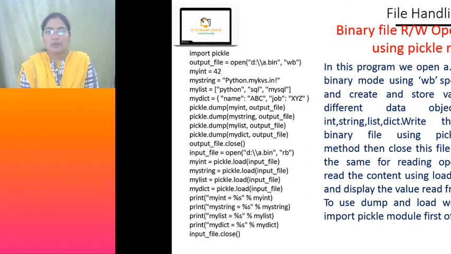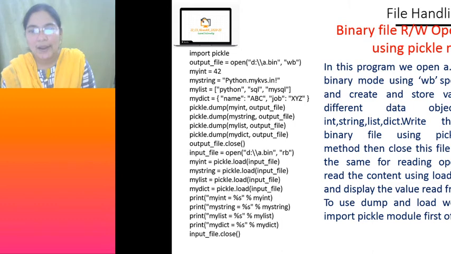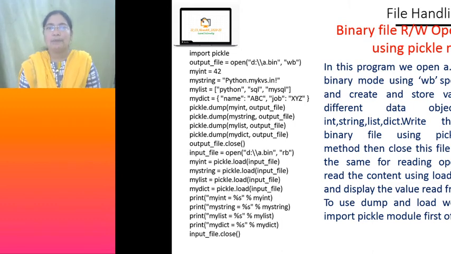Store it in some variable and display. If you get the same content, that means it is dumped properly and we are able to successfully operate a binary file, both read and write operations, using the pickle module. Shall we execute and see?